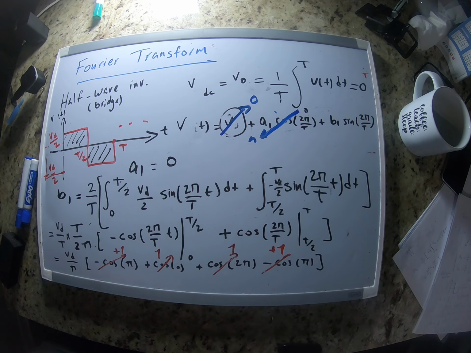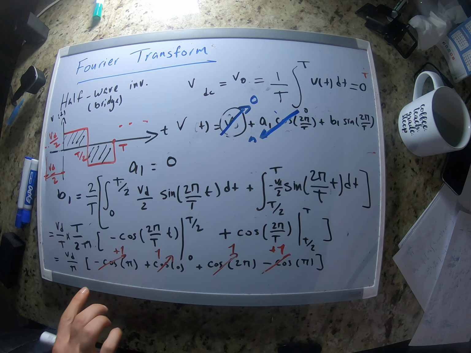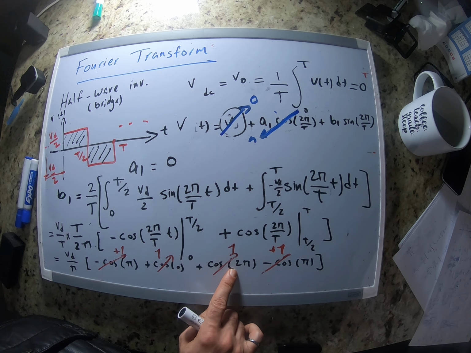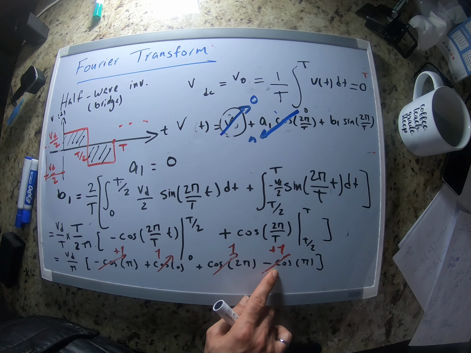So this becomes, let's see if I made any mistakes here. Negative cosine pi plus cosine of 0 plus cosine 2 pi minus cosine pi.